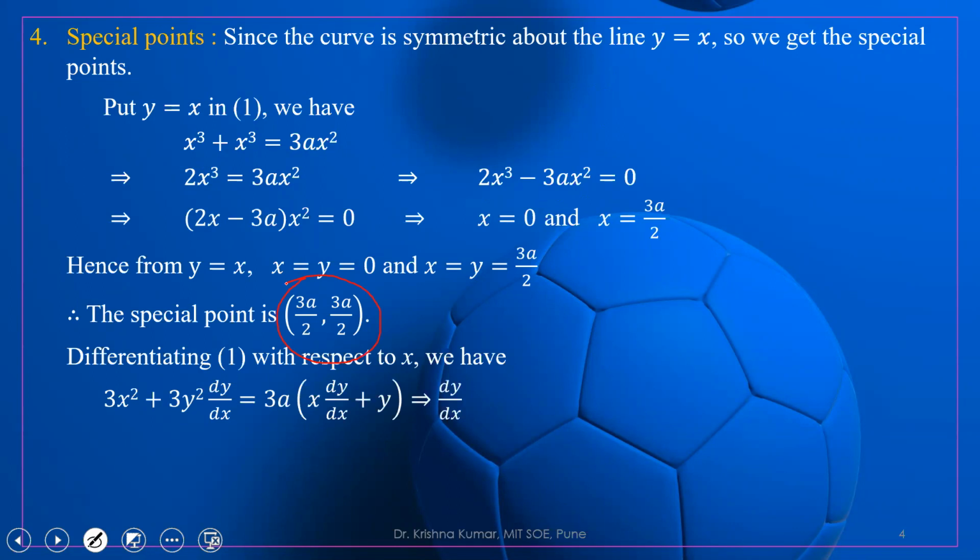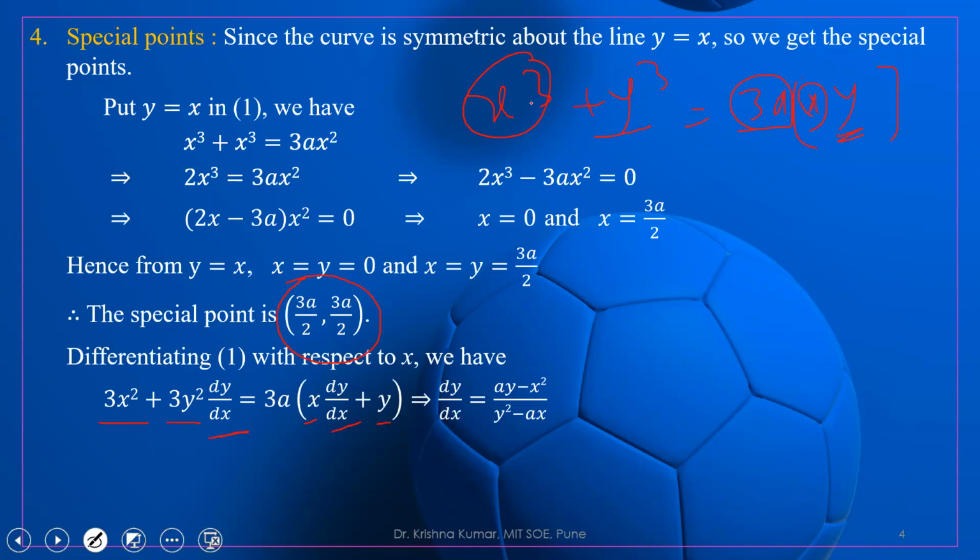We get 3x square plus 3y square dy/dx equal to 3a times, for x cube plus y cube equal to 3axy: the derivative of x cube is 3x square, the derivative of y cube is 3y square dy/dx, and 3a we can take outside. Again we use the product rule: first function times derivative of y, which is dy/dx, plus derivative of x, which is 1, times y.